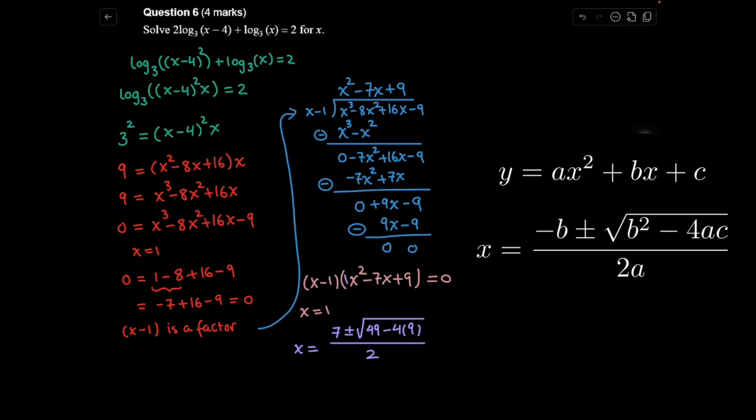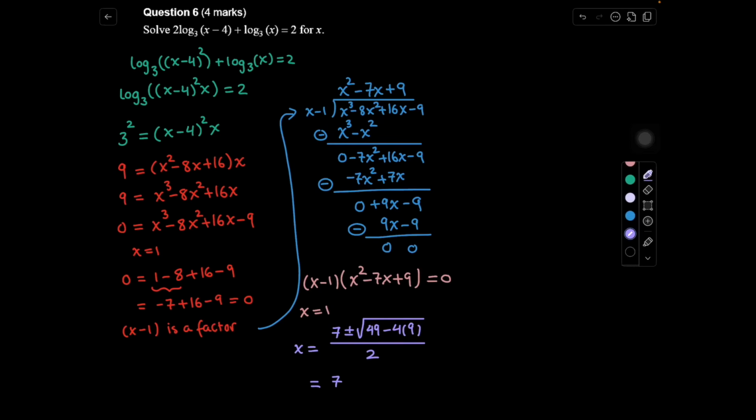And in this case, remember a is 1. So now we get 7 plus or minus, the inside here is 49 minus 36, which is root 13, over 2. Okay, so those would be my answers.